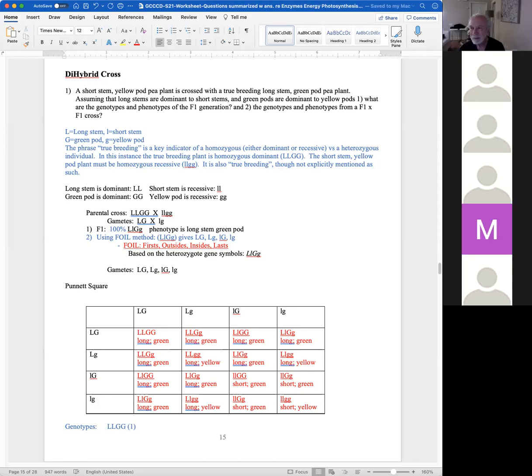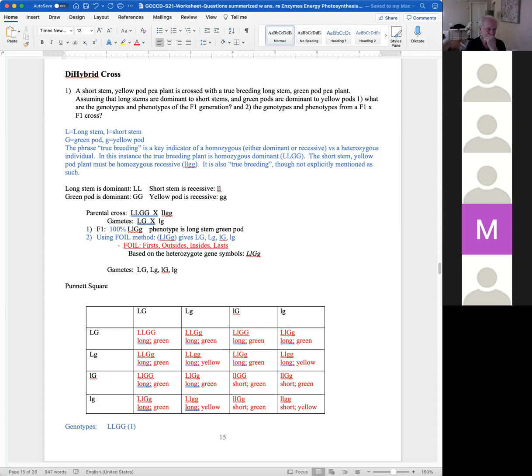And this is where we use the FOIL method that I mentioned: firsts, outers, inners, lasts, and that works very similar to the way you've seen in algebra. Consider big L to be inside one set of parentheses, and big G in a second set of parentheses. And that's how we get our firsts, outers, inners, and lasts.